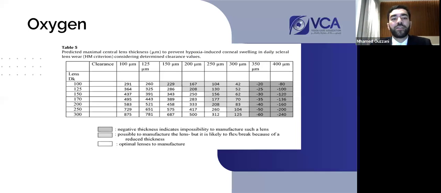So they used different materials, and they evaluated corneal edema or corneal oxygenation. And as you can see, the thinner clearance gives a better oxygenation, and of course the higher Dk lens materials give a better oxygenation of the cornea.